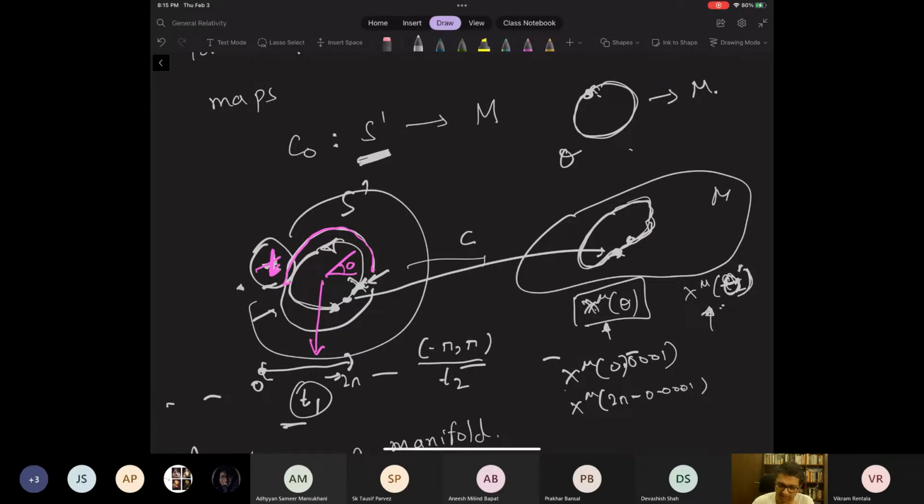These x mu's are very close to each other, but I can never quite get to the point x mu 0 in this coordinate patch. But I can get to the point x mu 0 in this other coordinate patch, the one that corresponds to this point. So in at least one coordinate patch, I can see that this curve closes. I just have to switch to the right coordinate patch to see that it closes.